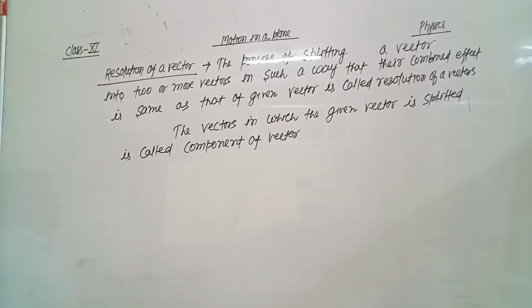Suppose a given vector A is split into two different vectors. Those two different vectors are called components of the vector.